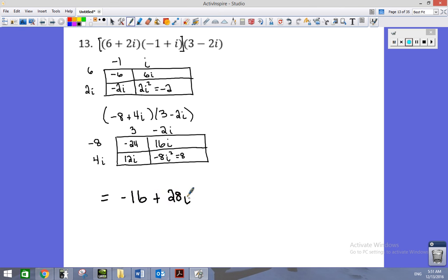So if I haven't made any silly mistakes, I multiply the first two binomials in the form of a table, remembering that i squared is equal to negative 1. Then I took that binomial, multiplied it by 3 minus 2i, and did that in the table, and I get a final answer of negative 16 plus 28i.